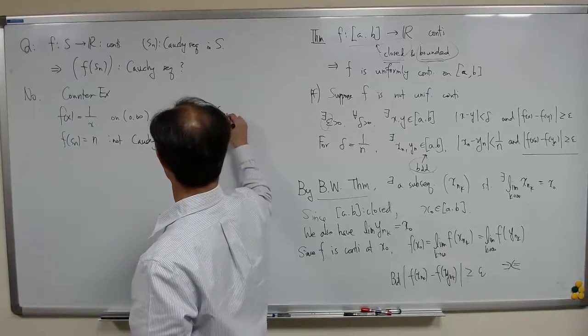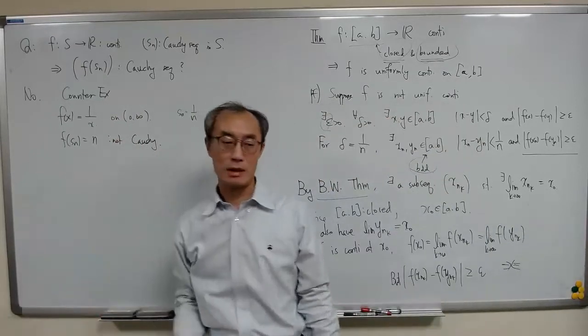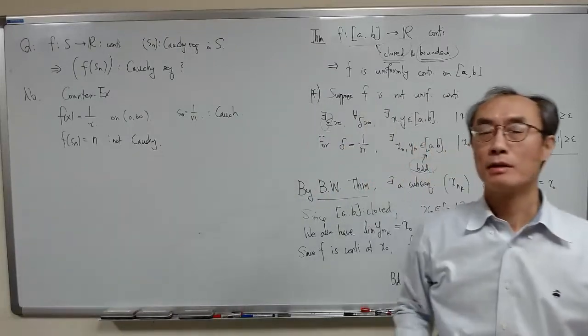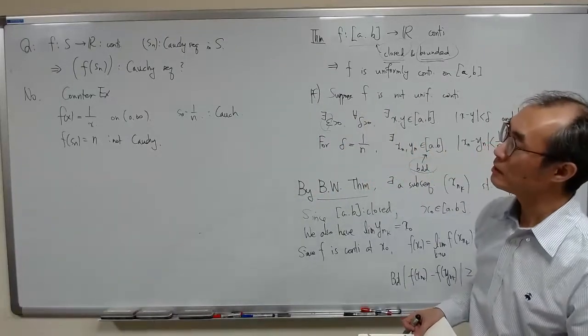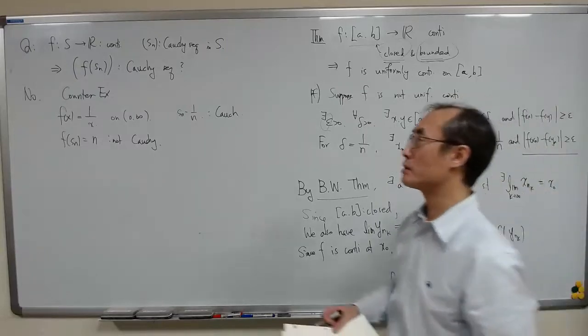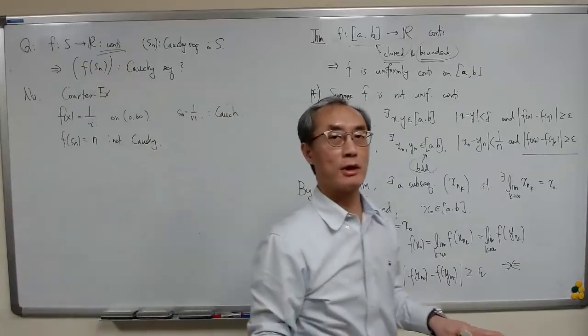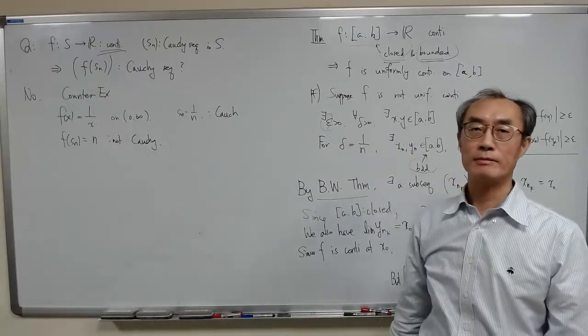This is Cauchy. This f of Sn is not a Cauchy sequence. That's the usual situation for a continuous function. So a general continuous function does not preserve the Cauchy property.